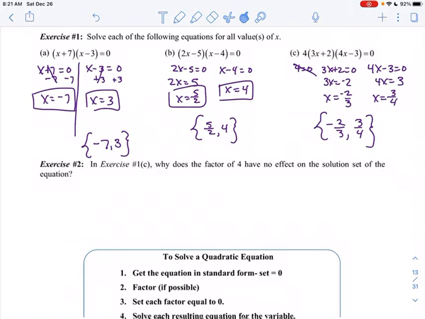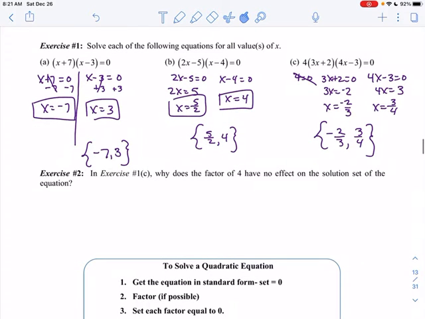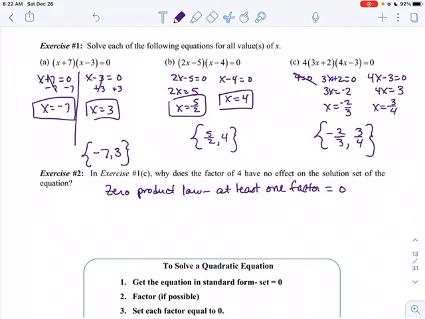In exercise 1C, why does the factor of 4 have no effect on the solution set? The zero product law says that at least one of the factors has to equal 0. That doesn't mean all of the factors have to be equal to 0.